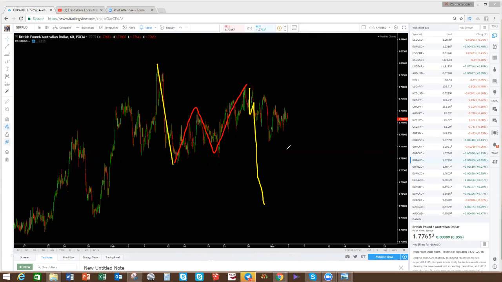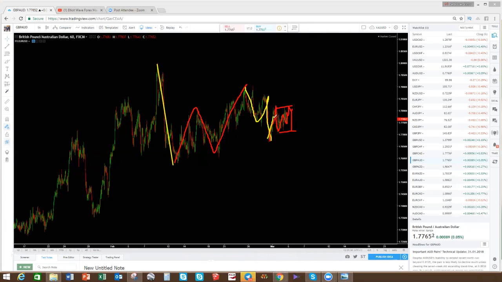But as you can see, it did not go impulsively. So what it is doing now, it looks like it's doing this 1, 2, 3, and now we're getting another impulsive move up, down. It may correct, give you a regular flat, or whichever flat correction they want to build here, because it looks like it's building something.